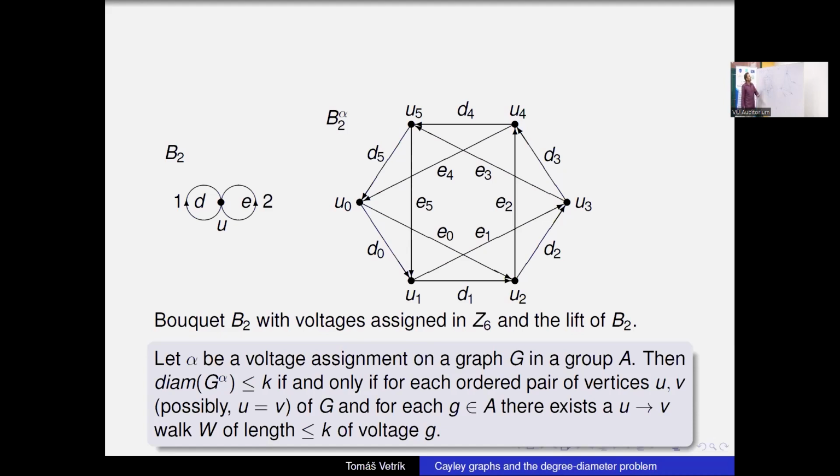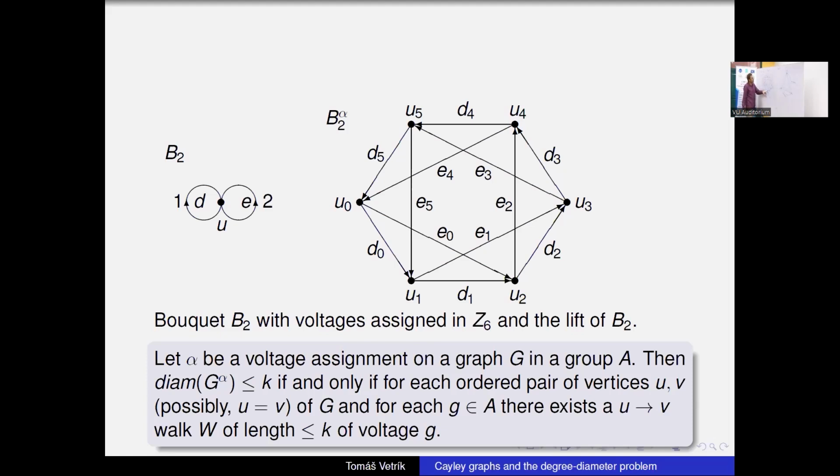So the construction was anyway done in this way: a small graph using lifts, and using this property to get my diameter from every element to every element. I had to get there by any combination of I, J, K, where I is from this group, J is from this group, K is from this group.